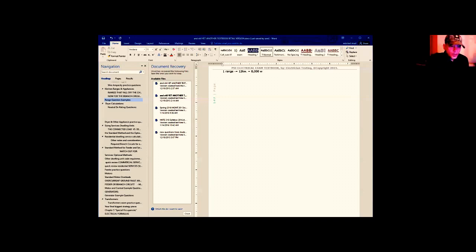But if I've got one range that was equal to, let's say, 13 kW, like we've got right here, I'm still going to do this same step up here that we did right here. I'm taking this swap of 8 to 12. So I'm going to take the first 12 kW of this number at 8,000 watts.